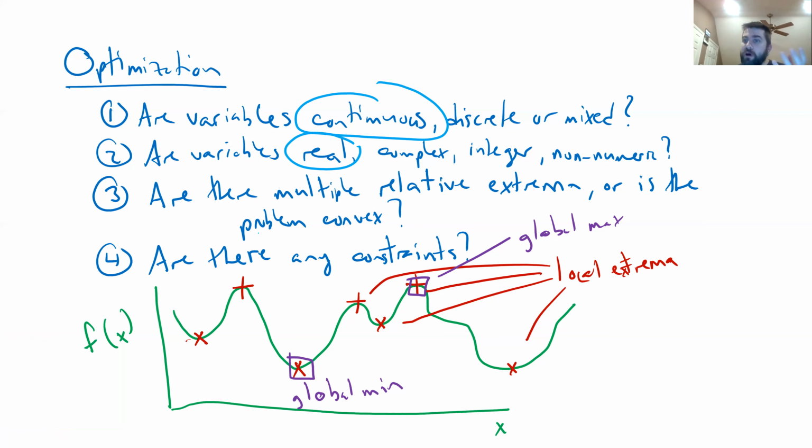The conformational space of proteins most certainly does have multiple relative extrema. So there are many local minima on the energy landscape.